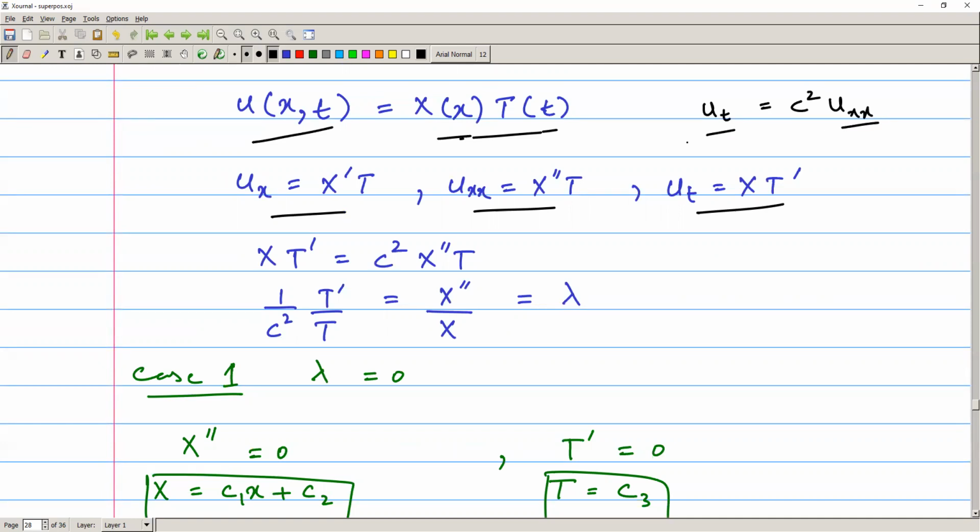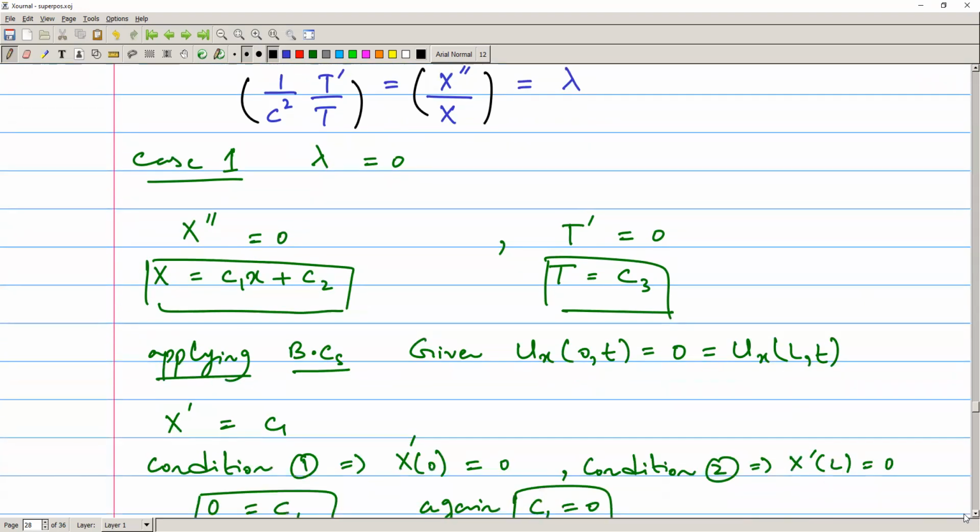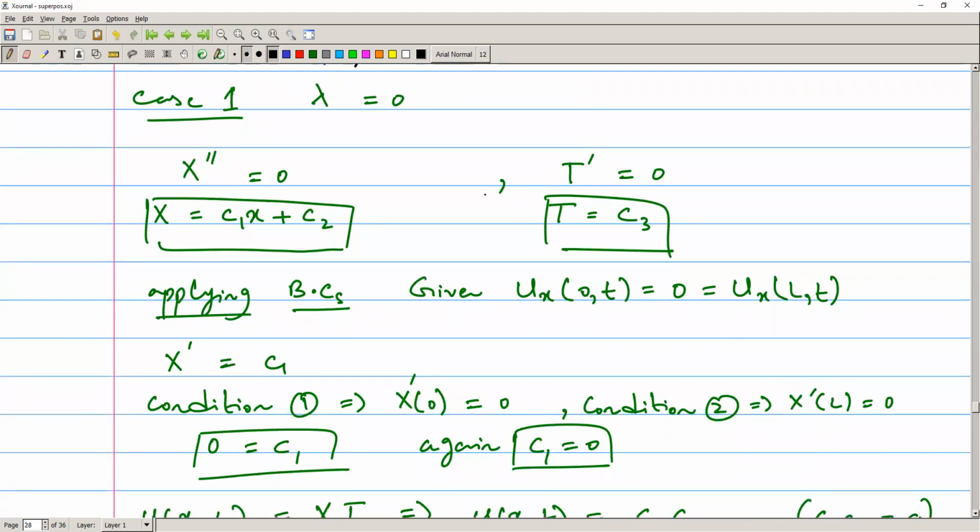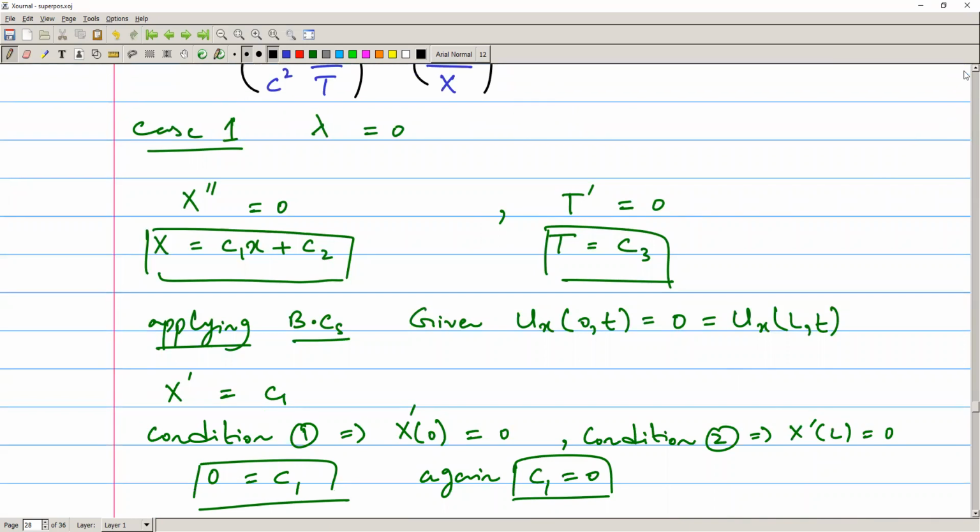Now we can see that the variables are separated and transformed into one second order differential equation and one first order differential equation. We can solve these by using integration or by using auxiliary equations, right?